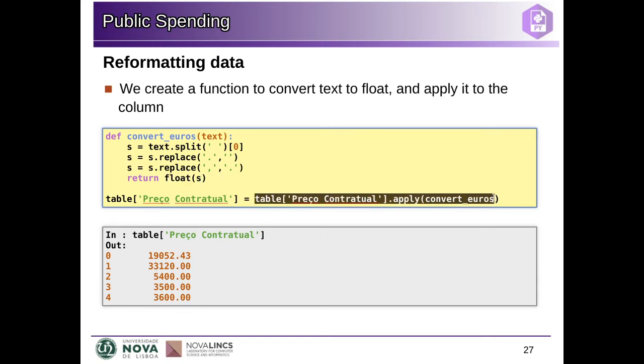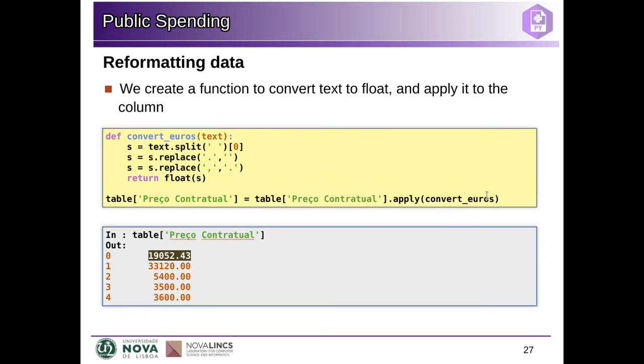So this will give us a new series that has all the values replaced with floating point values, and then we store this back into our table so that we replace the data here. Remember that this apply, unless you add some specific arguments, will not change the original data. It'll just give you a copy.